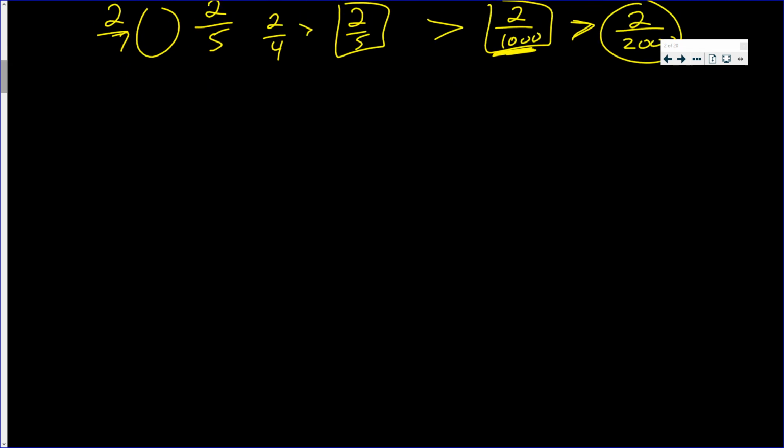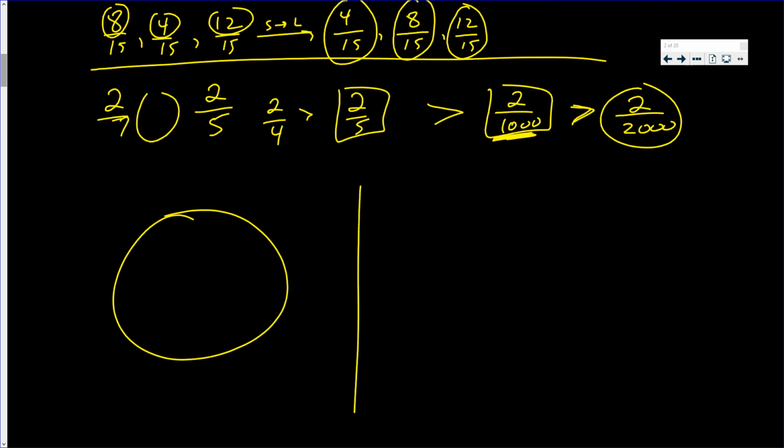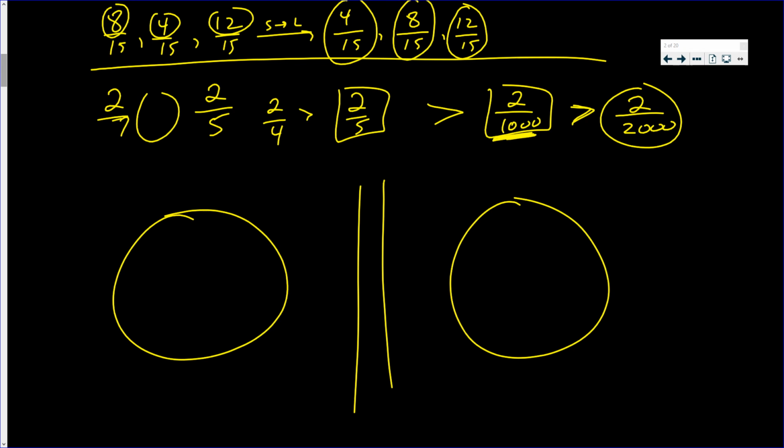For example, if we have a pizza pie, let's have 2 pies. In one pie, you're going to cut it into 7 equal pieces, which is going to be somewhat hard, but please work with me. 1, 2, 3, 4, 5, 6, 7. Please assume that they're all equal in size.